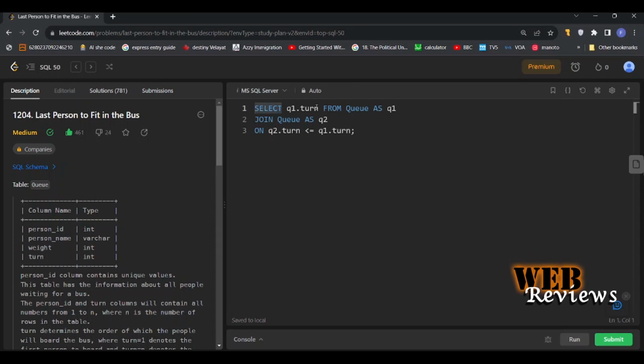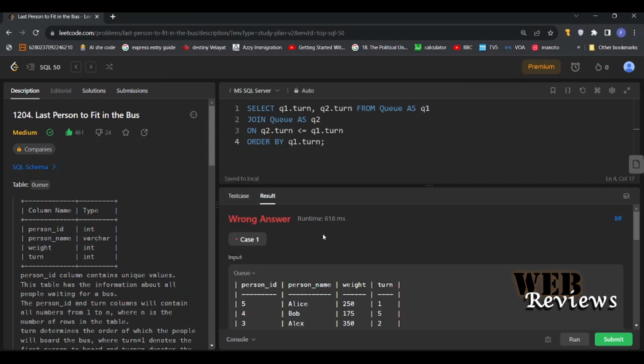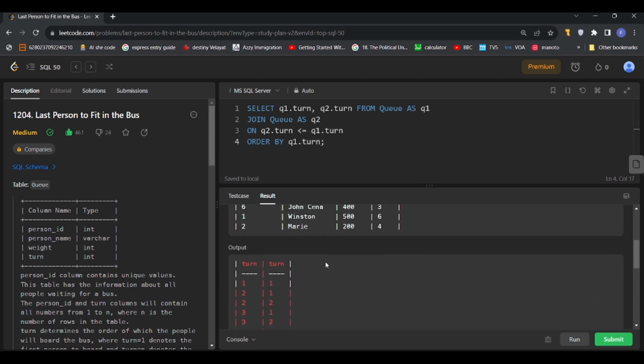To have a better notion of this grouping, I'm going to add turns from Q2, and then I'm going to order by Q1 dot turn. Okay, this is not the final answer. I'm just going to demonstrate how this grouping works. Okay, so here I matched the first person and all the people that come before the first person, the second person in the line, and all the people that come before him.